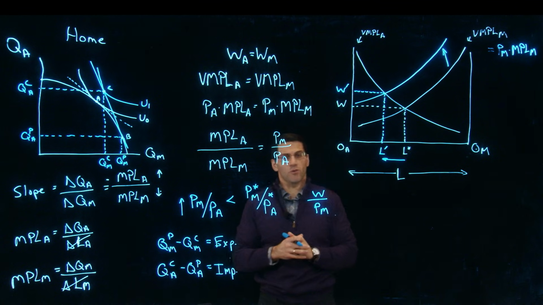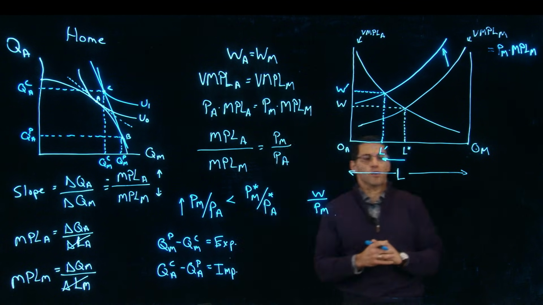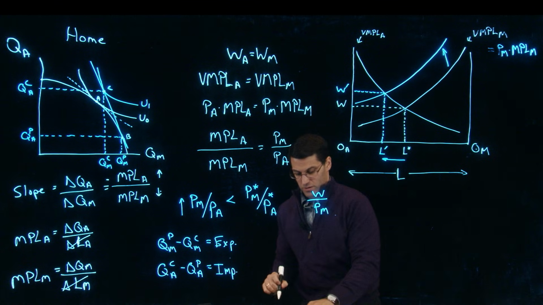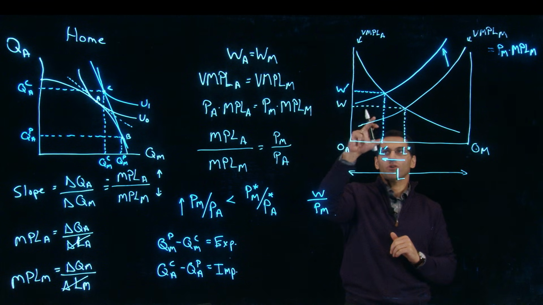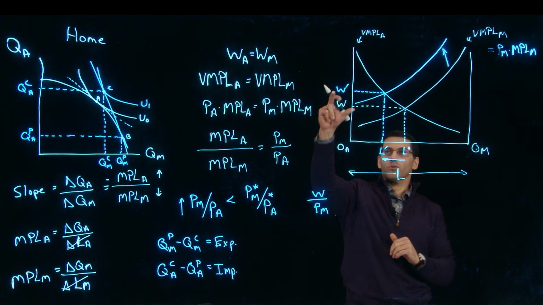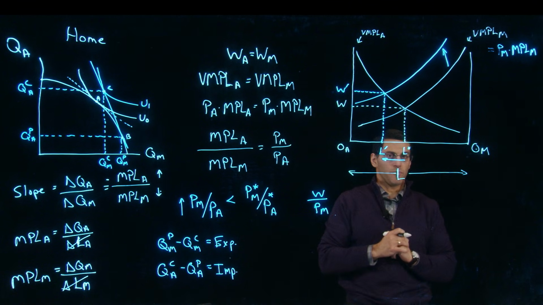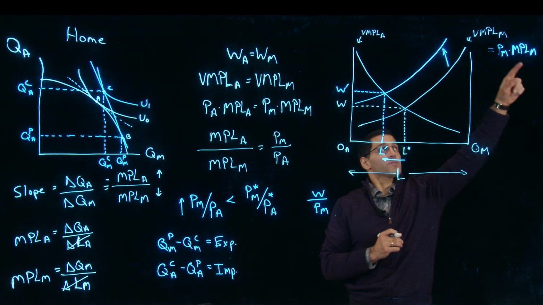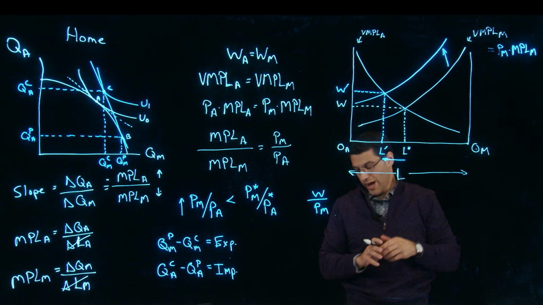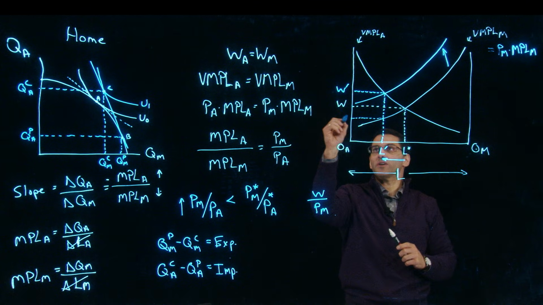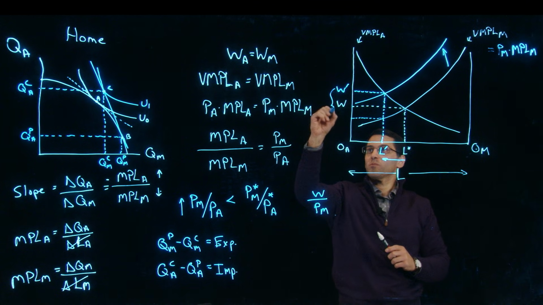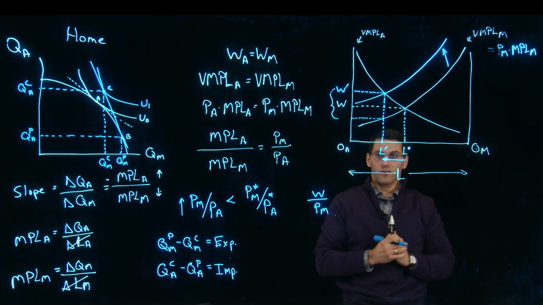We can see this in the graph here. So the wage went up from W to W prime. But how much was the change or the shift in the whole curve? Well, that shift is given by that distance. And what is that?